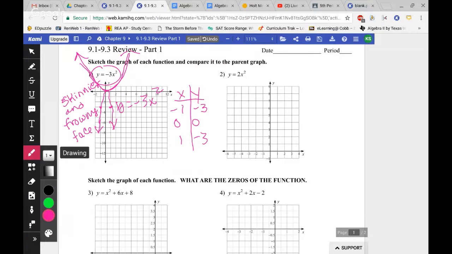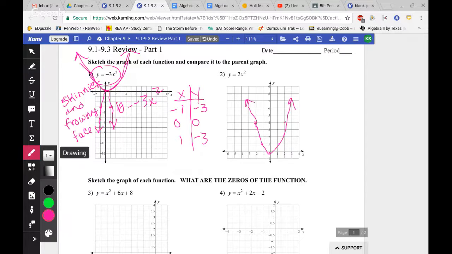Okay, so for number 2, once again, the parent graph essentially looks like this. My graphs are not real pretty on here, Madison. I'm really sorry.